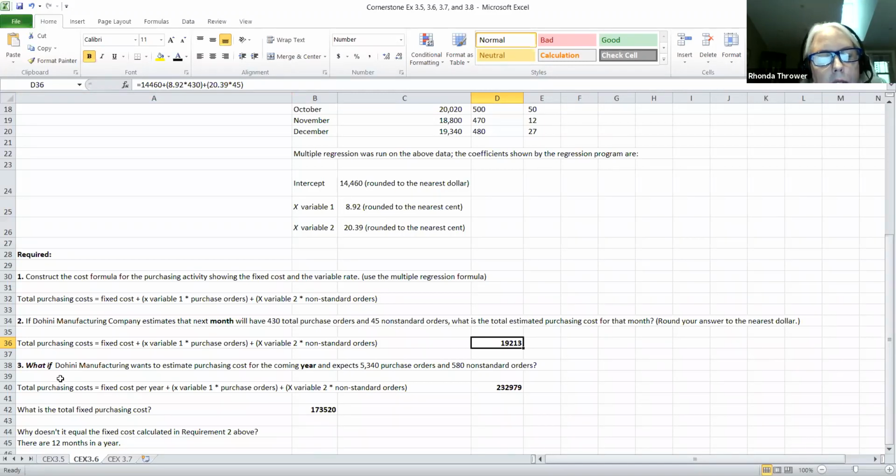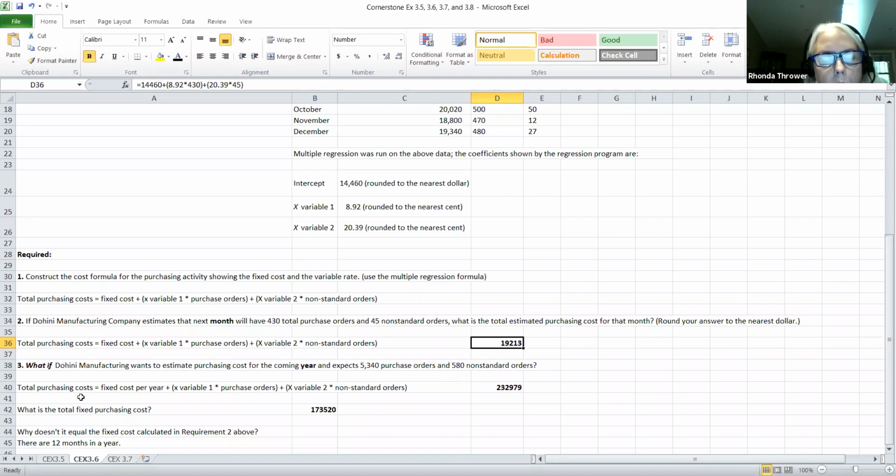In part 3, it says, what if Doheny Manufacturing wants to estimate purchasing cost for the coming year? And they expect, notice this year we're talking about here, they expect 5,340 purchase orders, but they also expect 580 non-standard orders.